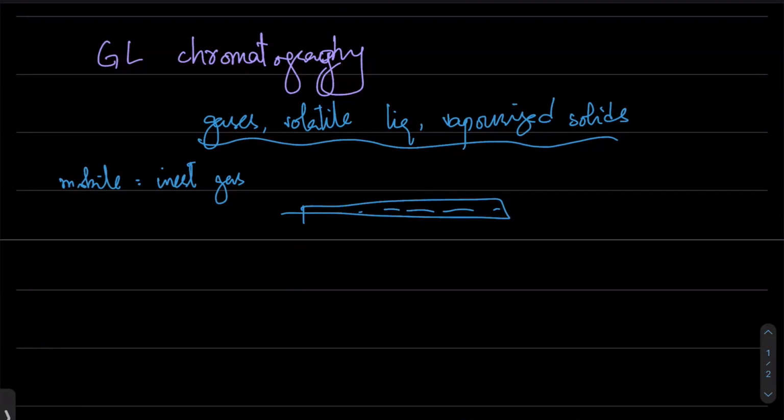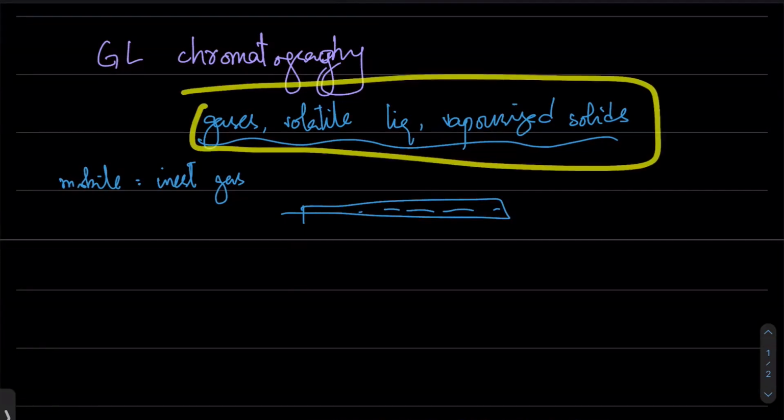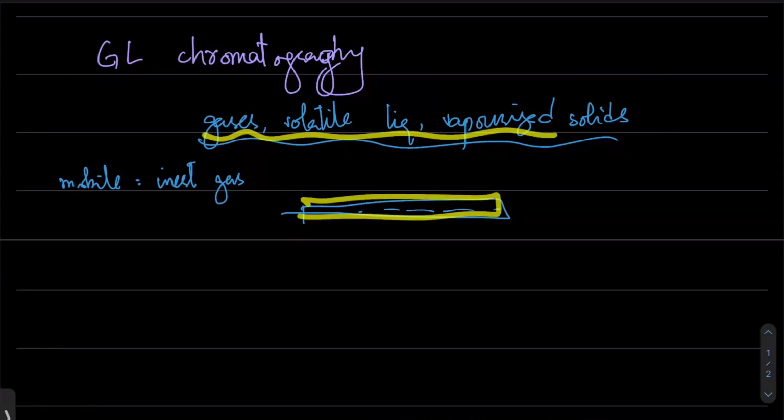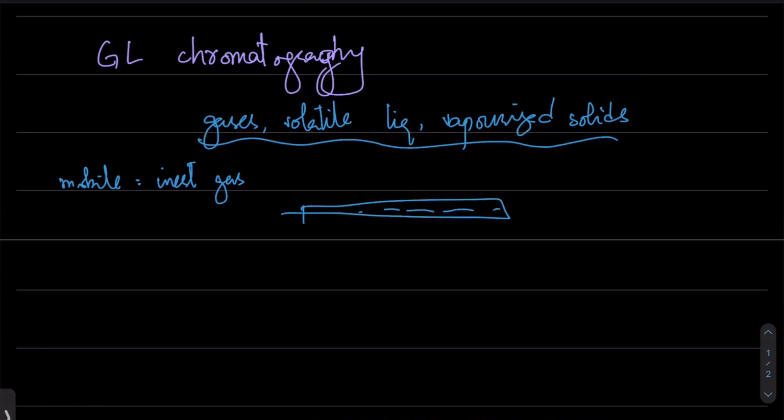Now, of course, these are vapors, and this is also vapor. तो होता क्या है? आपका डिटेक्टर यहाँ पे होता है. So रास्ते में this stationary phase slows this down. Whatever vapors are coming in, the stationary part is going to try to form bonds with it, and it's going to slow it down.